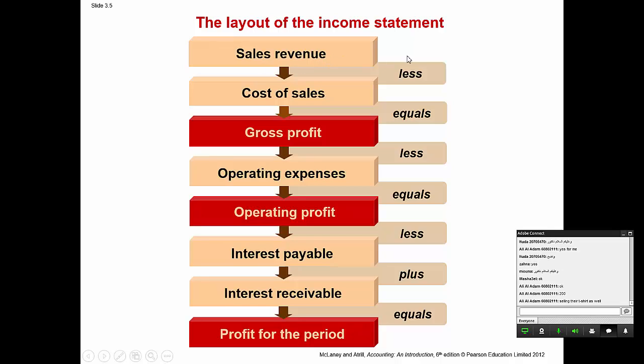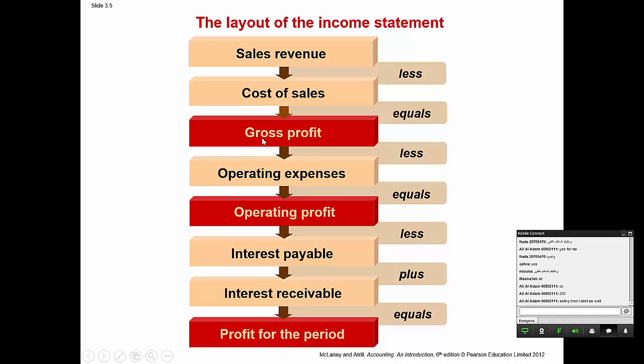Okay, when we subtract the cost of sales from the revenue, we get what we call the gross profit. So sales revenue minus cost of sales is equal to gross profit.